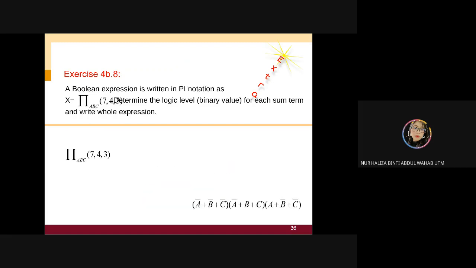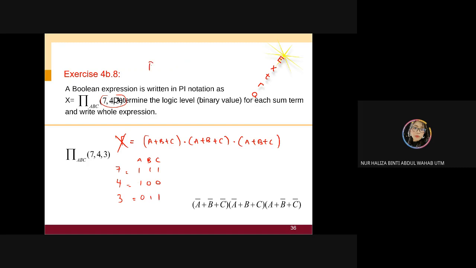Now you have pi notation. You do similar things. I have X equal to A plus B plus C multiply A plus B plus C multiply A plus B plus C. This I might get from my values, which are 7, 4 and 3: 1, 1, 1 for my A, B, C, here is 1, 0, 0 and then 0, 1, 1.